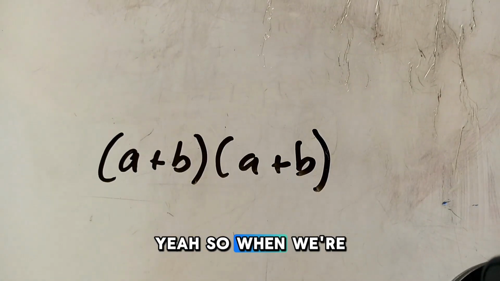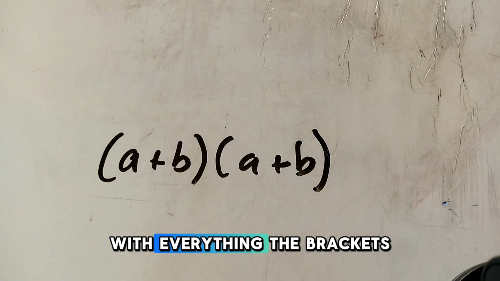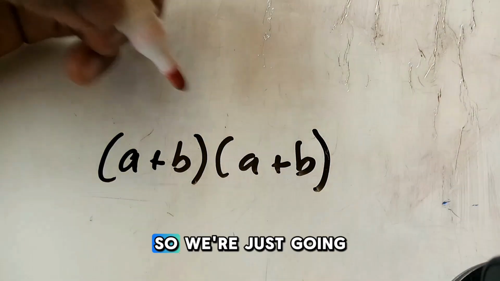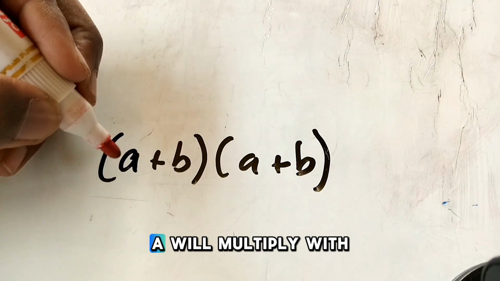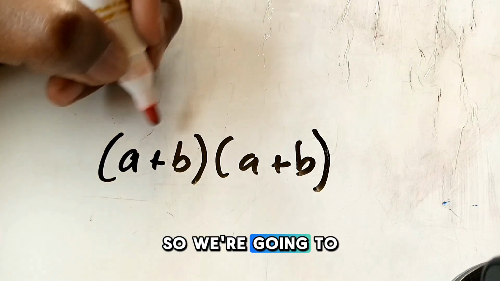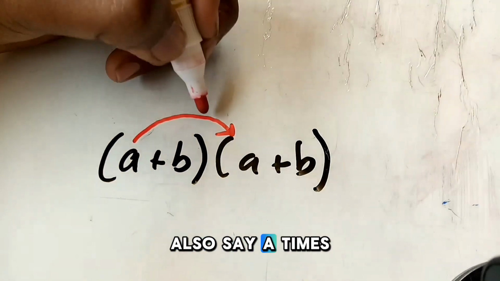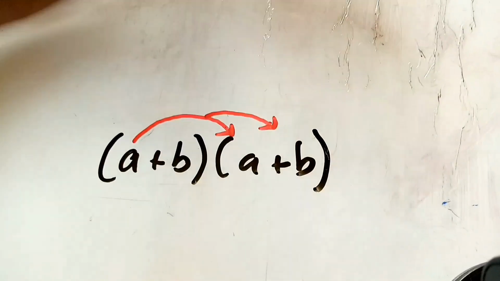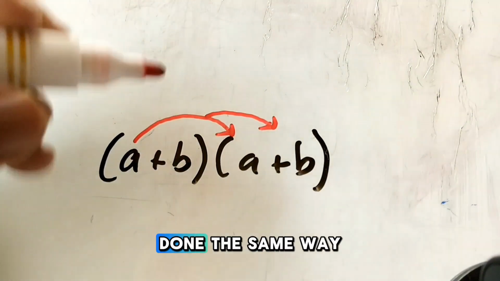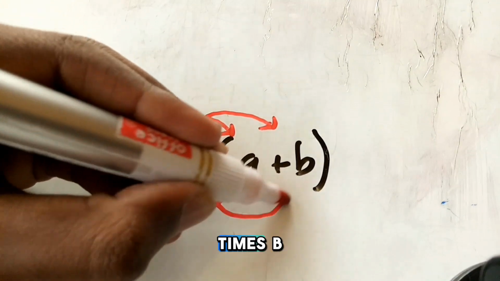So when we're expanding this, in the previous one we said we multiplied with everything in the brackets. So this one's also similar. We're just going to say this a will multiply with everything here. So we're going to say a times a, and we're going to also say a times b. Even b will be done the same way. We're going to say b times a and b times b.